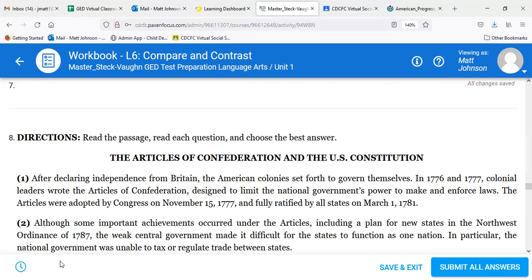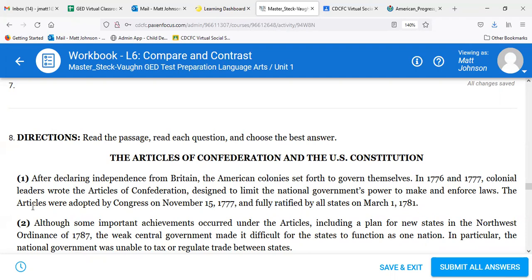After declaring independence from Britain, the American colonies set forth to govern themselves. In 1776 and 1777, colonial leaders wrote the Articles of Confederation, designed to limit the national government's power to make and enforce laws. The Articles were adopted by Congress on November 15, 1777, and fully ratified by all states on March 1st, 1781.